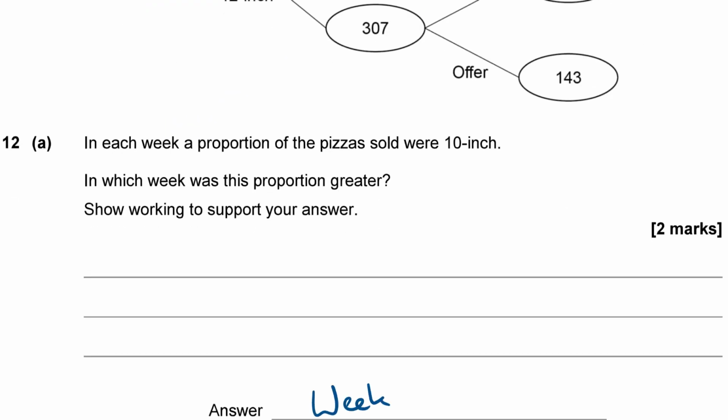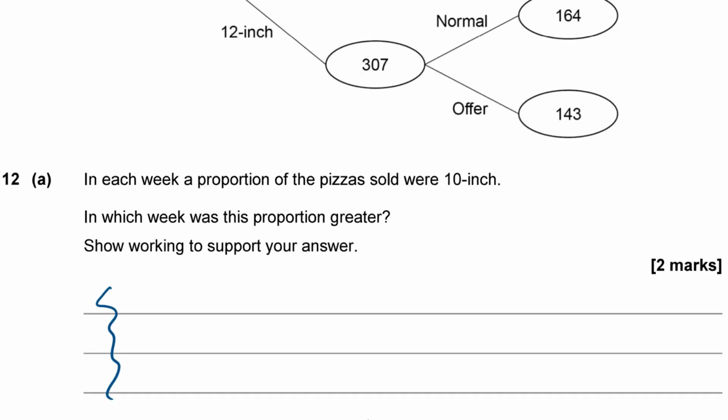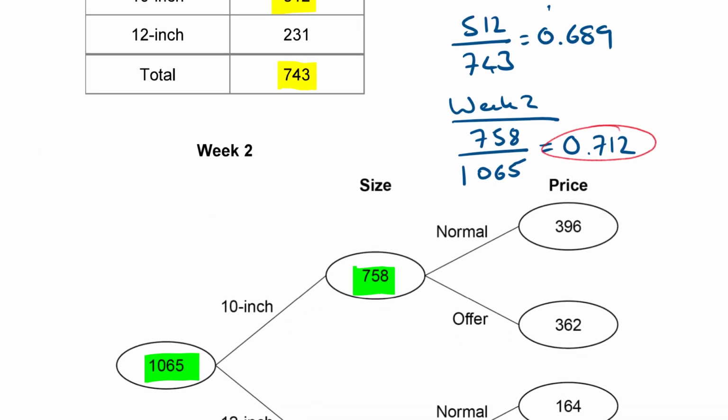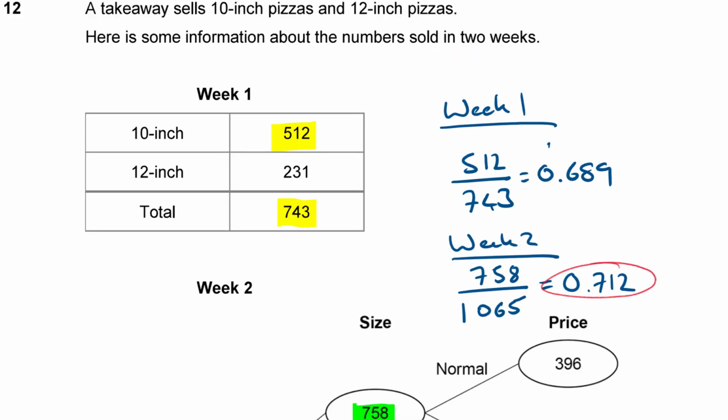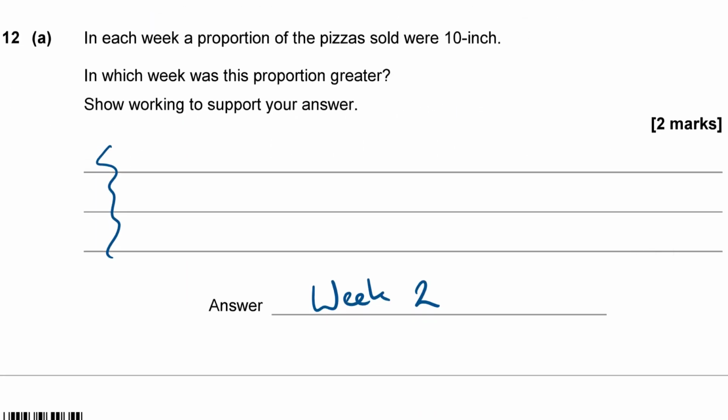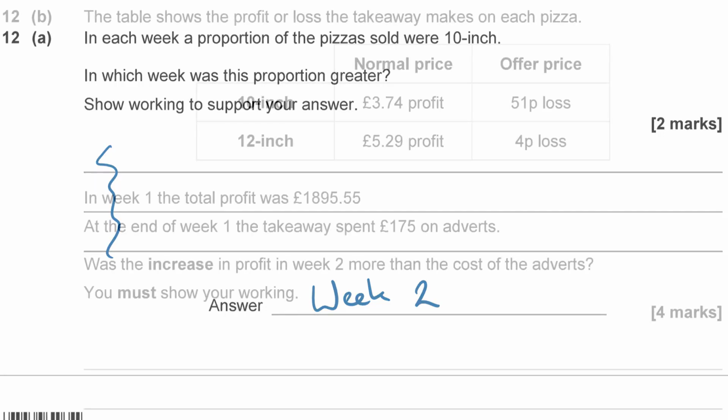Week 2. Now we've got some space to write our answer here, but we wrote it up here. It doesn't really matter as long as you've got your work somewhere that's convenient for you. I tend to work near the diagrams rather than all that way down there. It's perfectly fine. So week 2 is the answer.